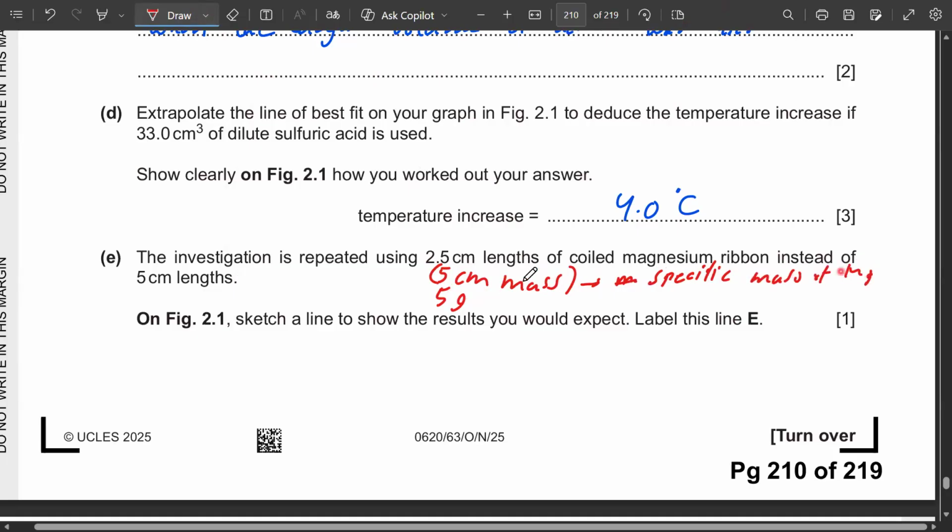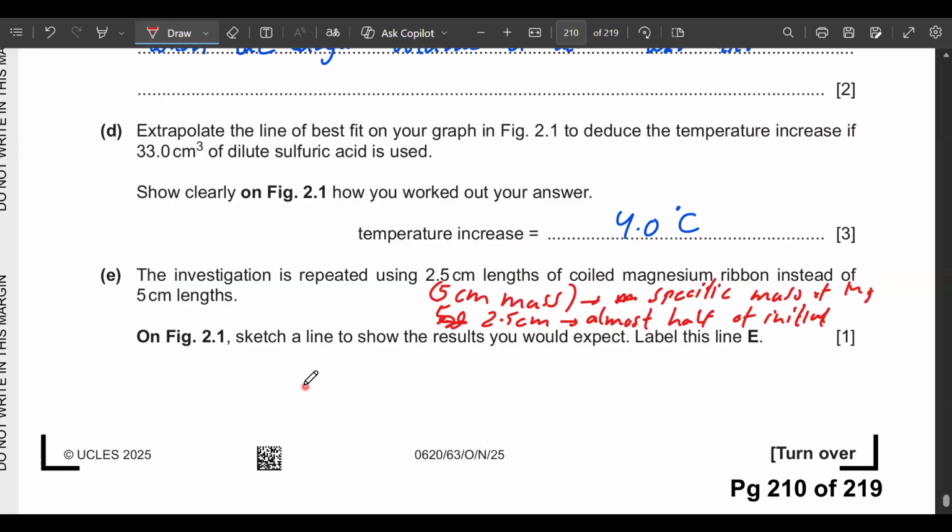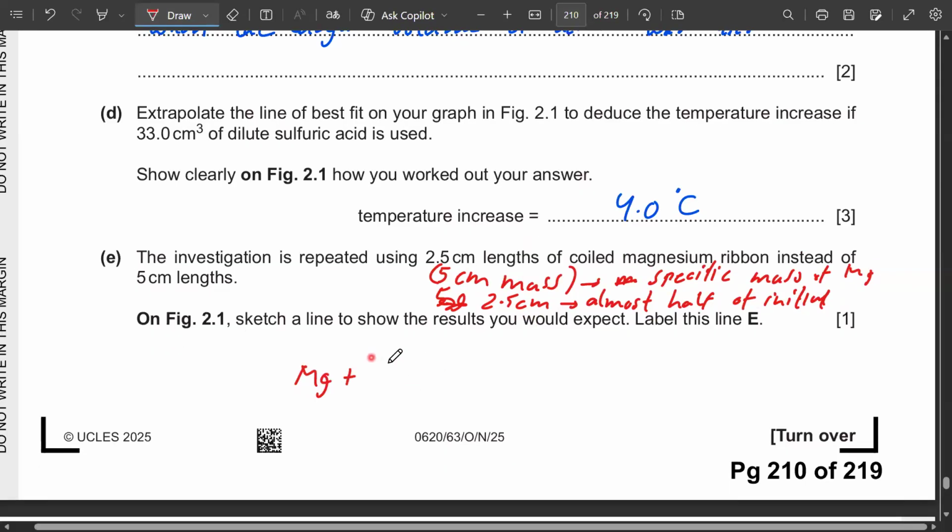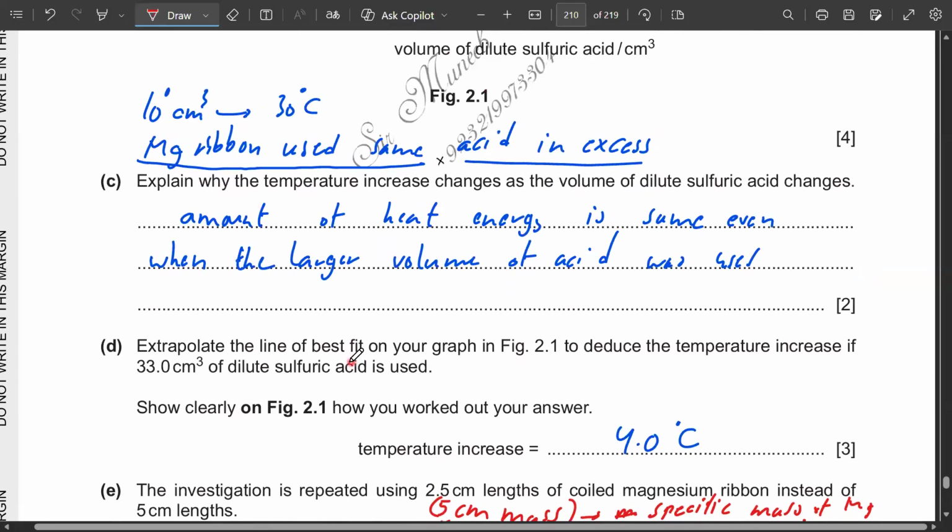And if you use 2.5 centimeter length, it will definitely have almost half of the initial mass which we used previously. So if you are decreasing the mass of the magnesium, you are also decreasing the temperature release, since the reaction is between the magnesium ribbon and the sulfuric acid.